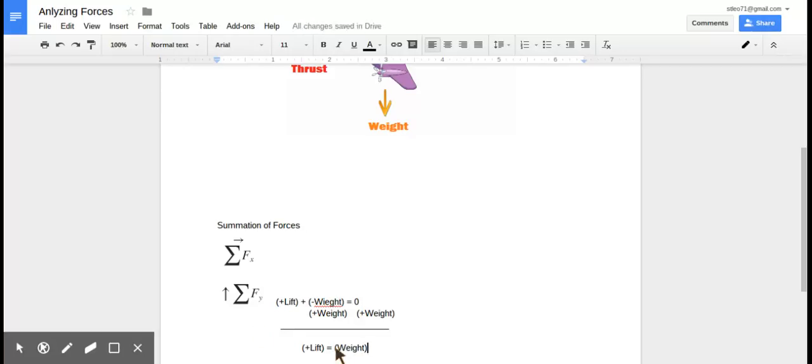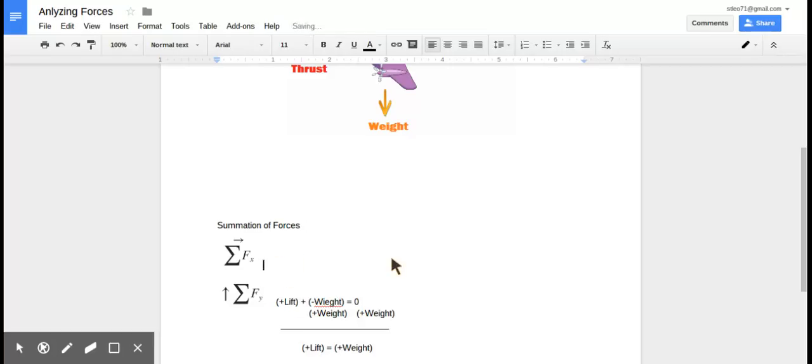In this case, the signs won't matter. What we're saying here is that to get rid of weight, we always have to add the opposite to it, and whatever we do to one side of an equation, we do to the other. We can see that in order for this to be balanced, the lift and the weight must be equal to each other. If lift and weight are equal to each other, then we have what is called a balanced force equation.